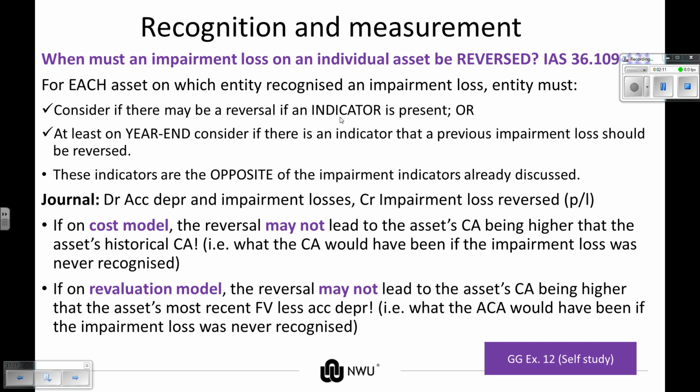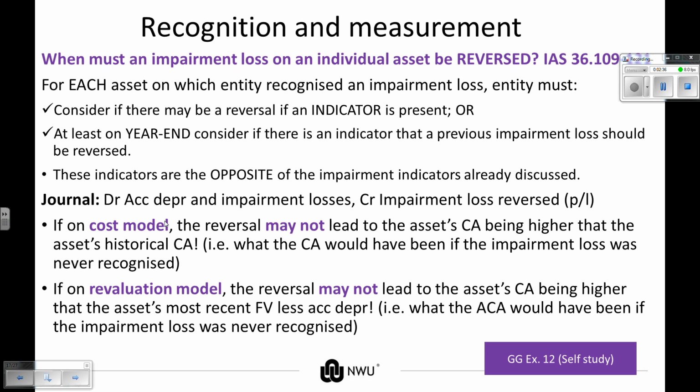So now we can actually get more out of this asset. Or at least at year end, consider if there's an indicator that a previous impairment loss should be reversed. The journal will now be the opposite. So in this case, I will debit my accumulated depreciation and impairment losses, and credit my impairment loss reversed.